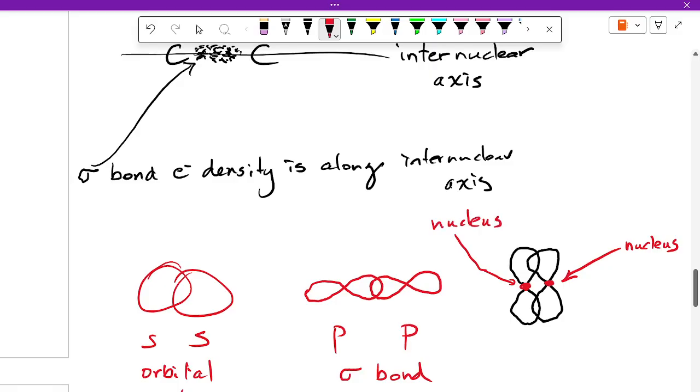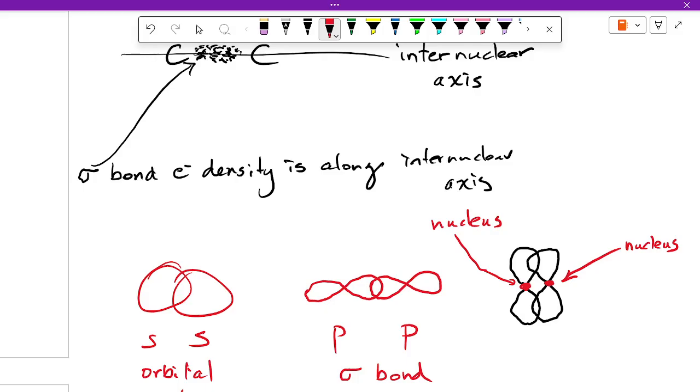The electron density is going to be above and below. Not just one, it's going to be above and below. So this is just one bond.